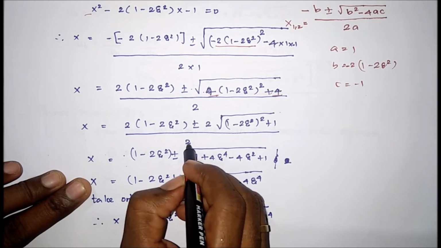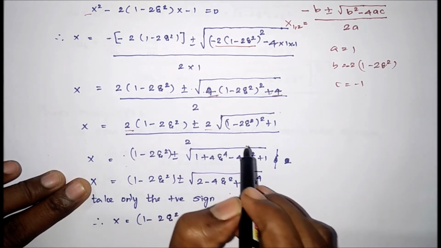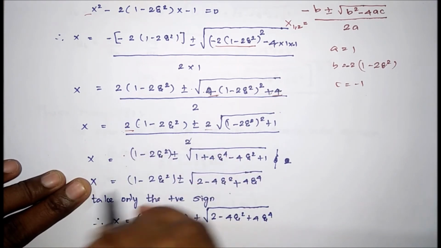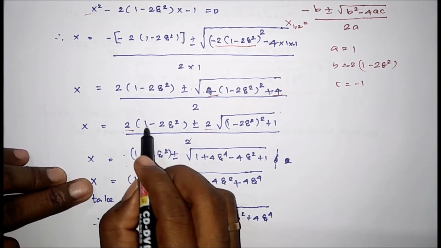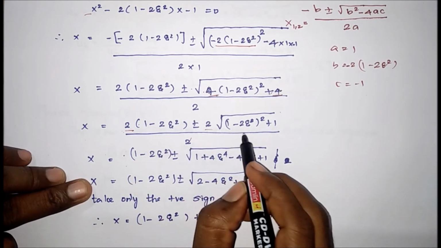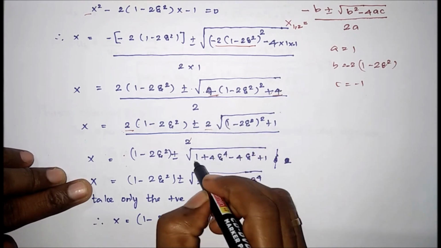So now here also 2. This term and this term have 2, so we are going to take 2 common outside, then this 2 and this 2 will get cancelled. Finally you will have 1 minus 2 eta square plus or minus square root of, now this is minus b the whole square, we are going to apply a minus b whole square formula.